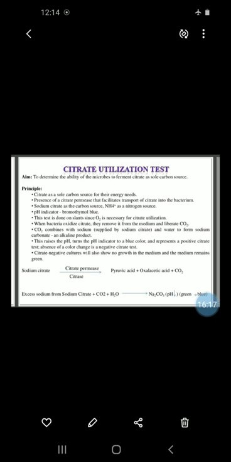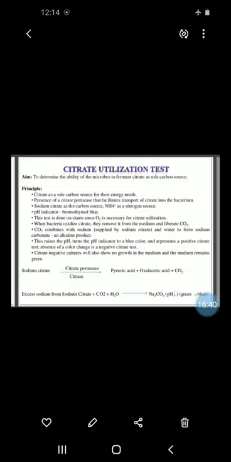In this, first, the citrate is used as a sole carbon source for their energy need. Second, the presence of citrate permease facilitates the transport of citrate into the bacterium. Sodium citrate is the carbon source and NH4+ is the nitrogen source.